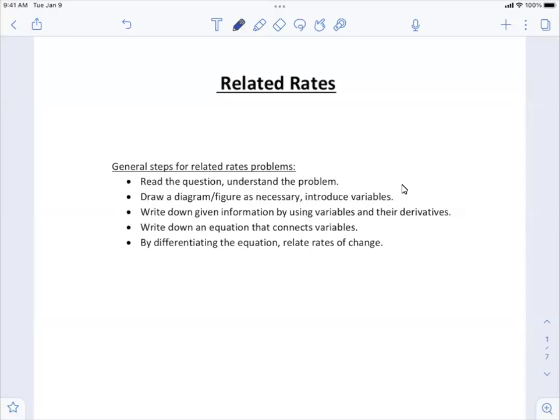Once you're through that, you can recognize the connection between variables, most probably writing down an equation that would connect the components, or some kind of a connection. After that point, it is just about differentiating that equation or relation. That's exactly the practice, and I will show you what I mean by an example.